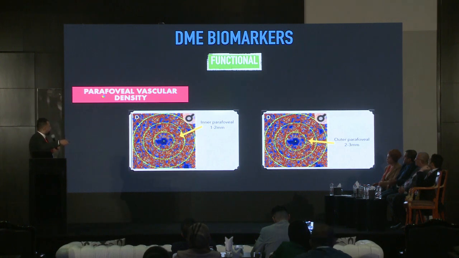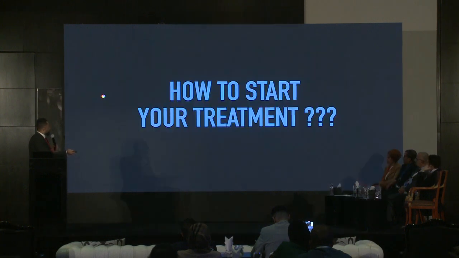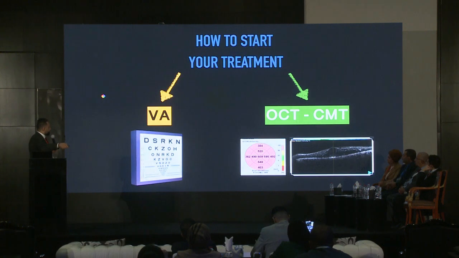Next. How to start treatment? We have to take two parameters, the visual acuity and the OCT. For the OCT, we look at the central macular thickness.